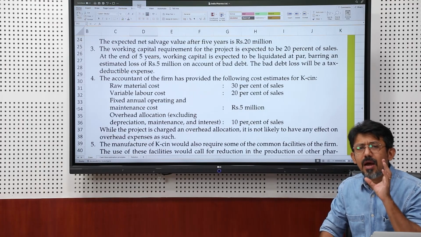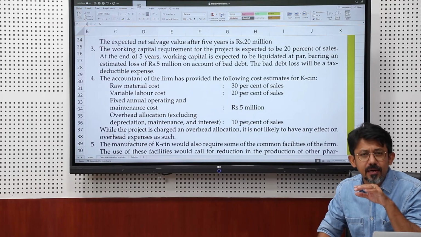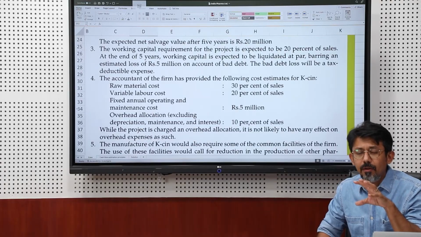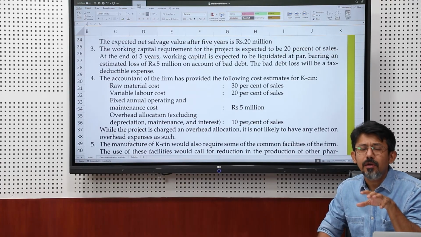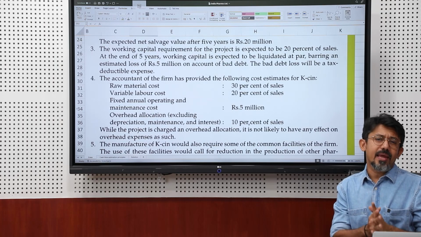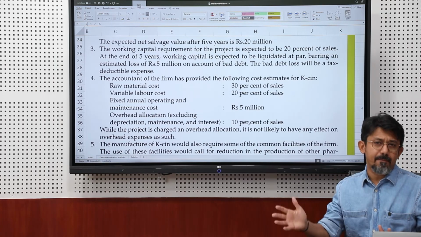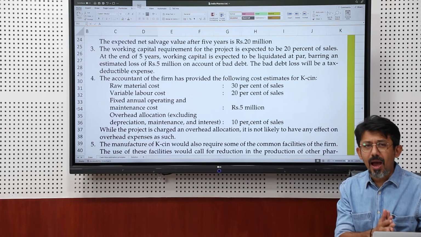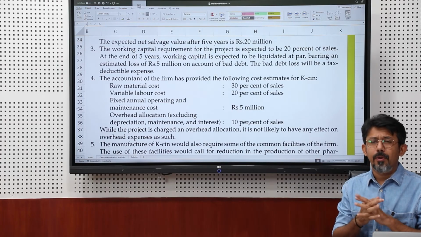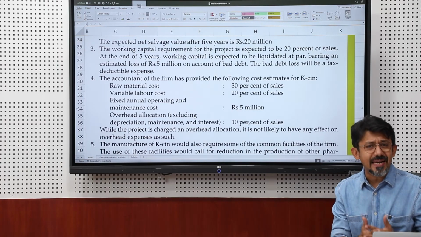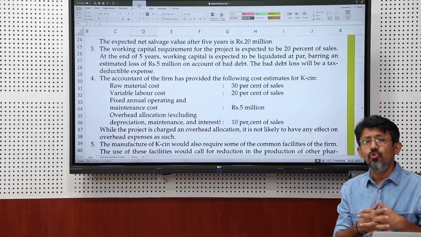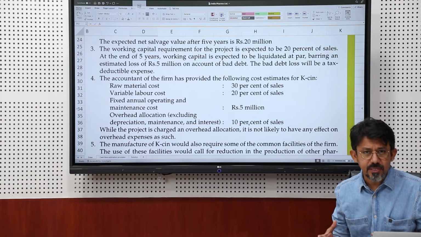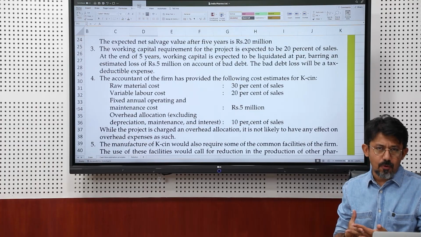Overhead expenses are common expenses which are incurred at the company level, but it is very difficult to actually try and allocate them to a particular product, or let us say a particular production center, and hence we go through an allocation process in cost and management accounting.